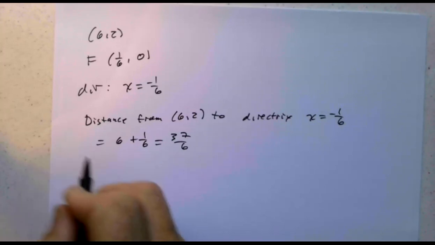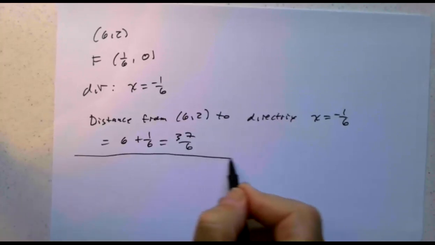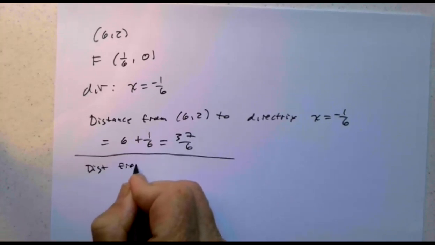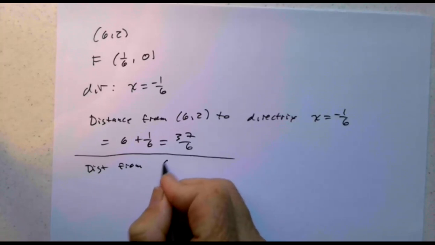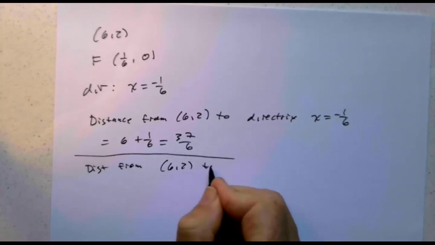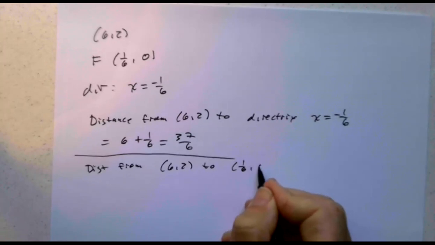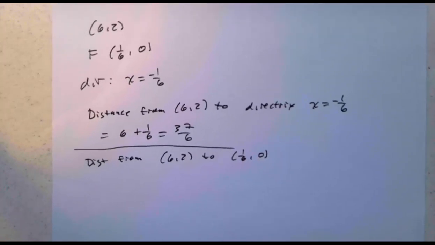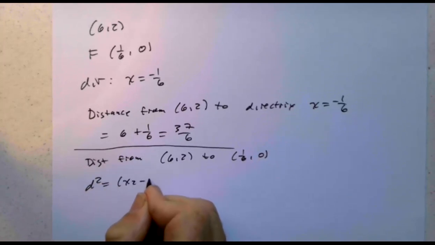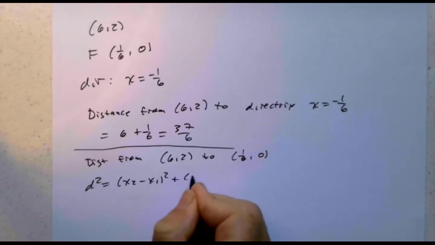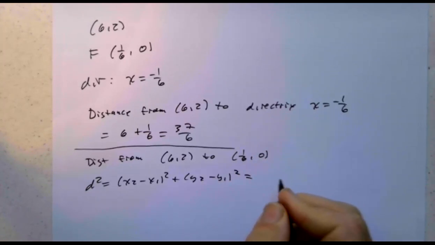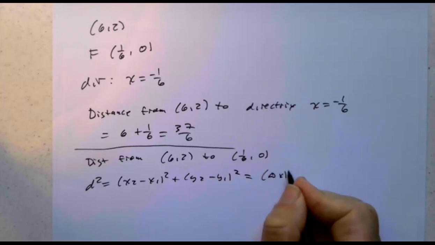Now, how about the distance from that point, 6, 2, to the focus, which is 1/6, 0? So distance squared is x2 minus x1 squared plus y2 minus y1 squared. I like to think of it as change in x squared plus change in y squared.